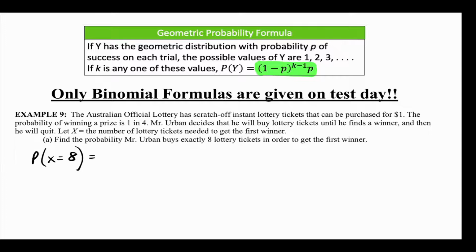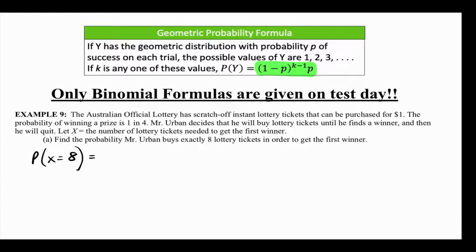So he lost, lost, lost, then win. There's only one way down the path for that. Lose, win. There's only one path. So that's why we don't have that nCk. We just go straight to probabilities.